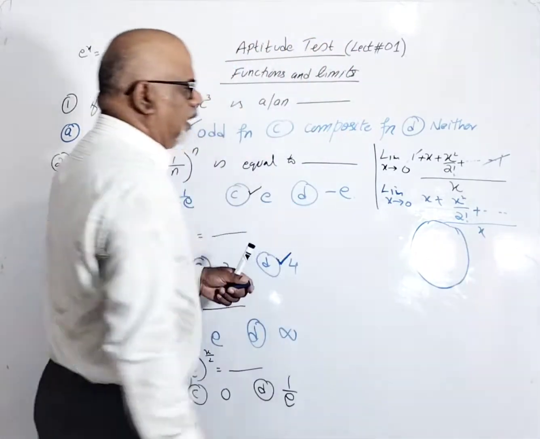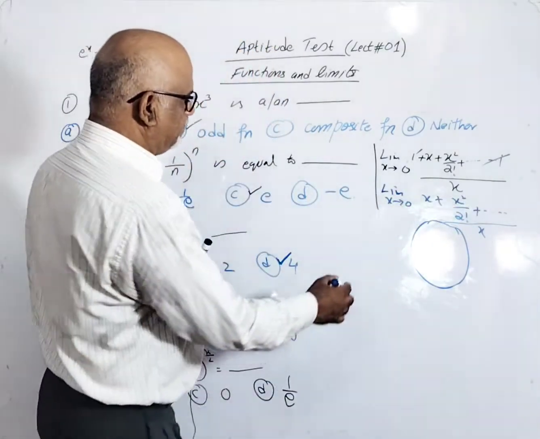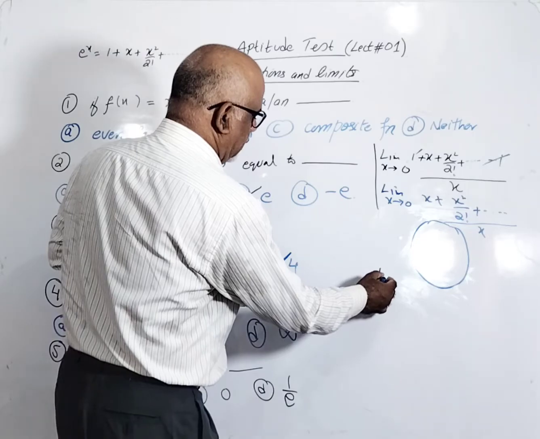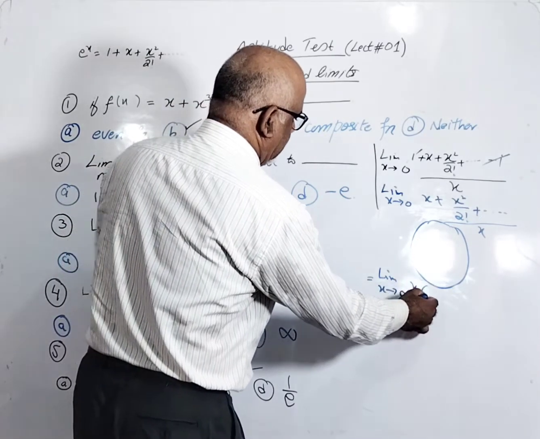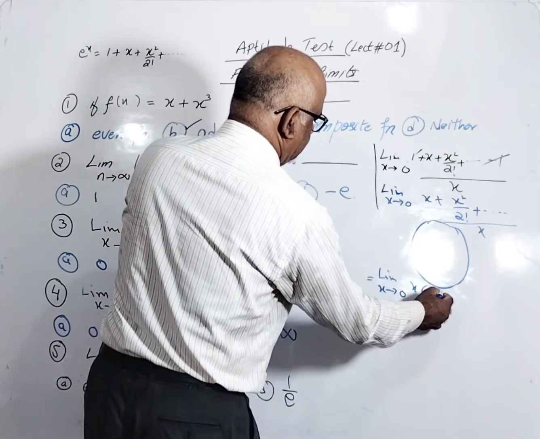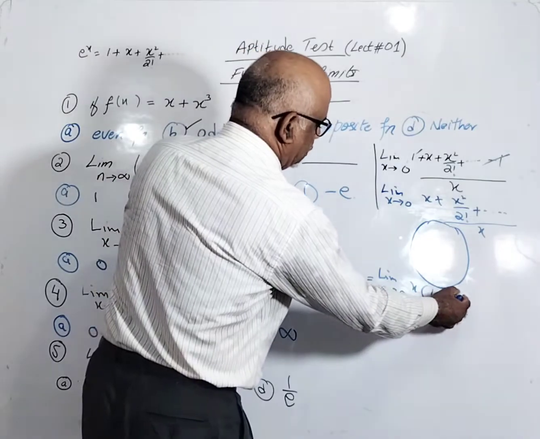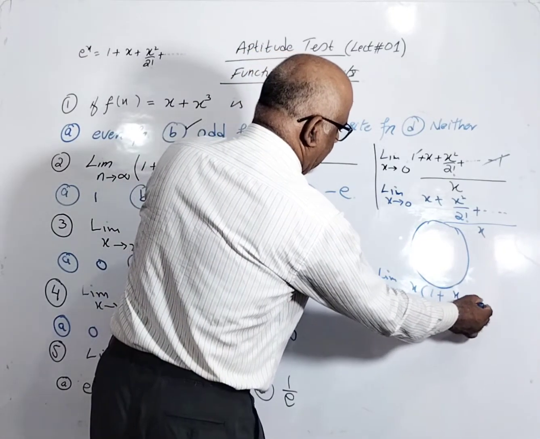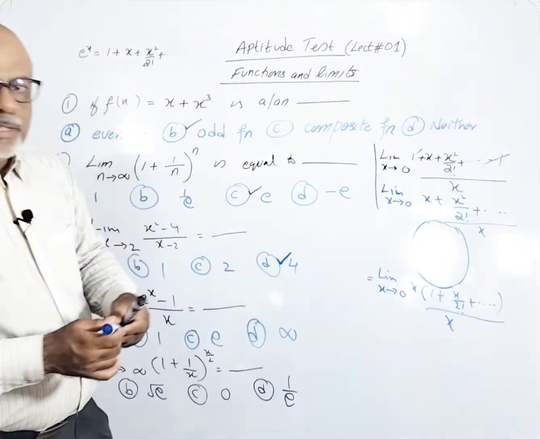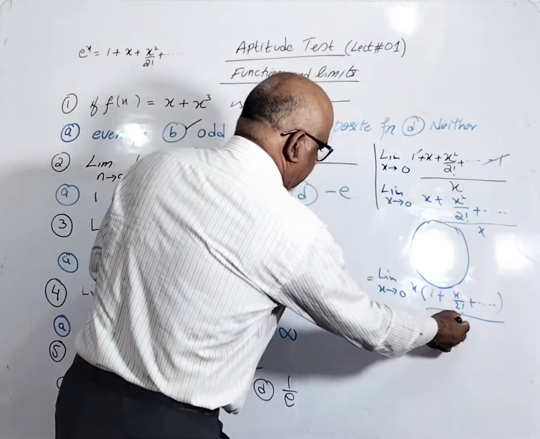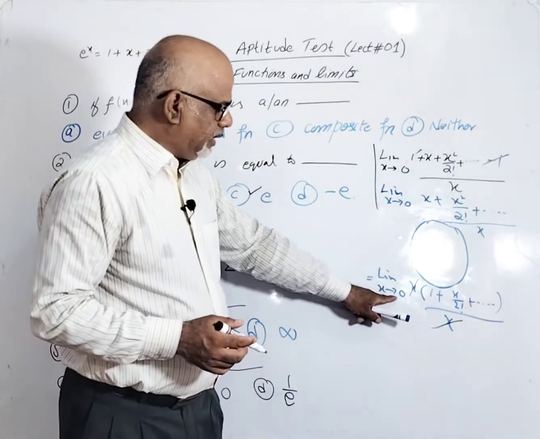x. Now we can take x common from the numerator here. So this is limit x tends to 0, x common, that means here 1, and from x square we take one factor common, so this will be x over 2 factorial and so on. So here this x factor will cancel out with this x, and now we apply the limit.